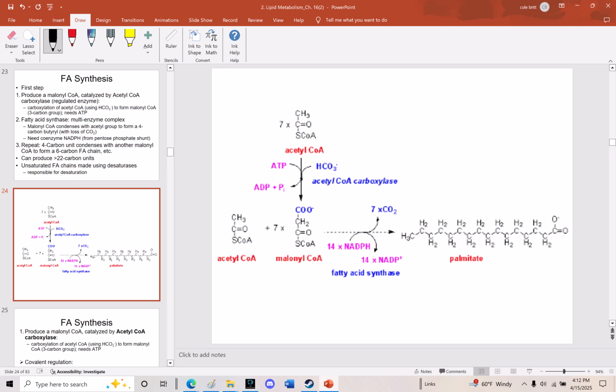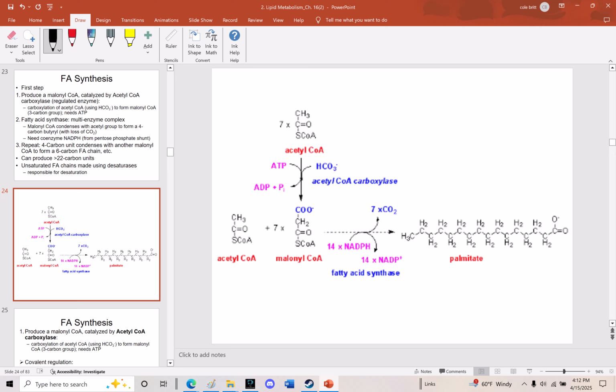Those desaturases down here are only needed if you want to make an unsaturated fatty acid. You have to throw in a desaturation enzyme that's going to desaturate that fatty acid. So this palmitate is actually saturated.